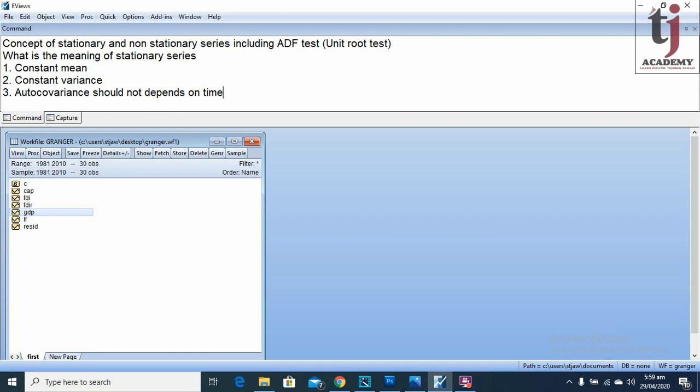If the series has a constant mean, a constant variance, and its autocovariance does not depend on time, it means the series is stationary.